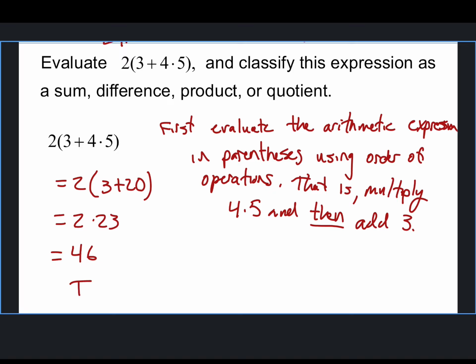The expression is a product. That's all. Does anyone have any questions? You're good.